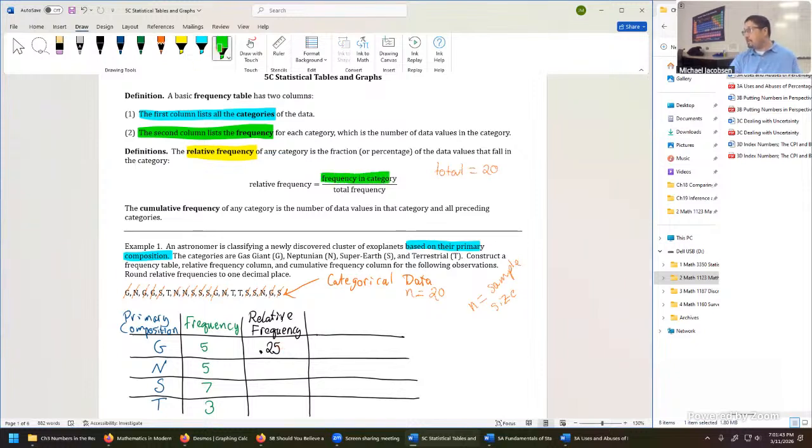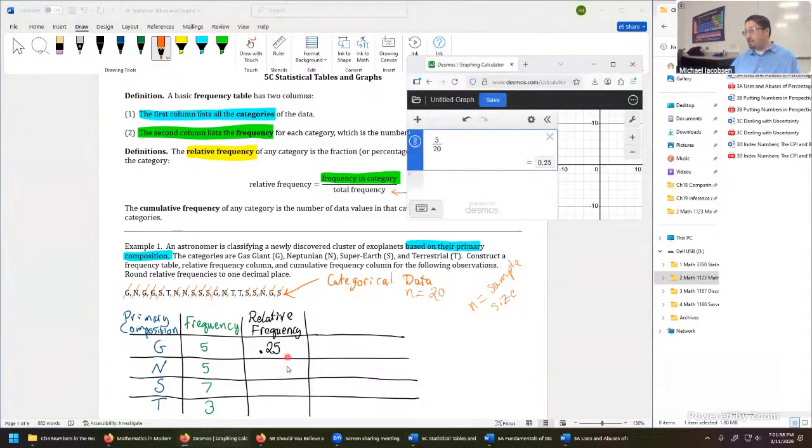So frequency goes here, we divide by the total. And we just need to do it 3 more times. Except if you have a 5 here again, it's the same exact relative frequency. No reason to redo it in the calculator. We can just put in another 0.25.